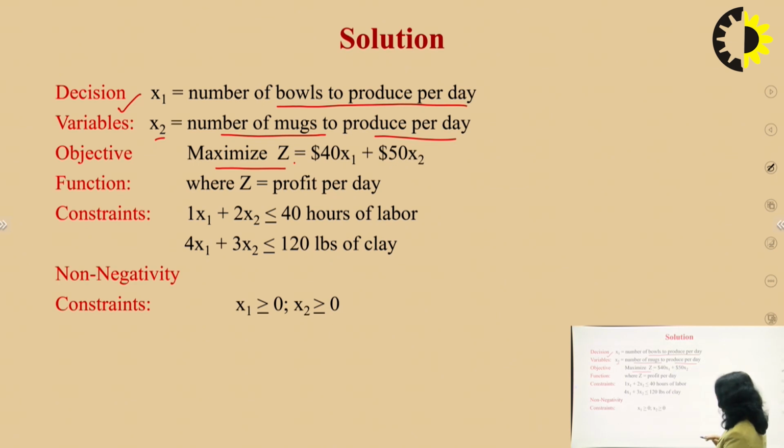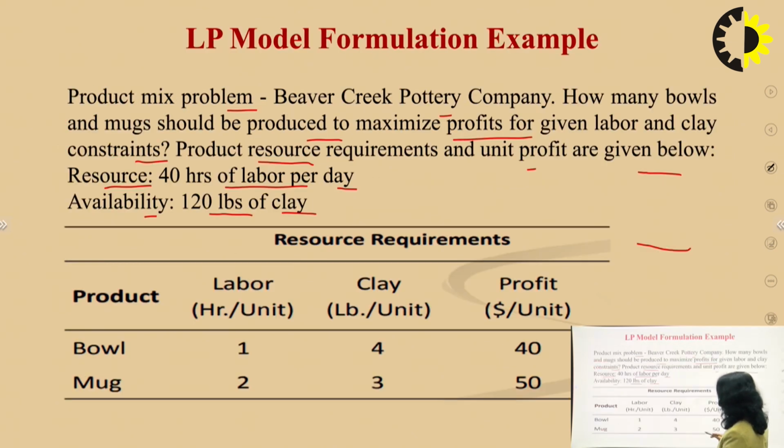From the data given, we can see here for the labor, 1 into x1, the number of bowls that are produced per day, plus 2 into x2, and the maximum availability of labor is 40 hours.